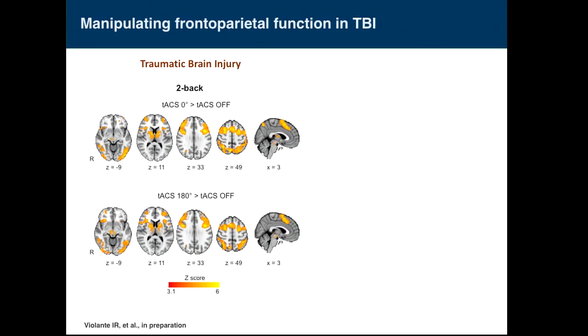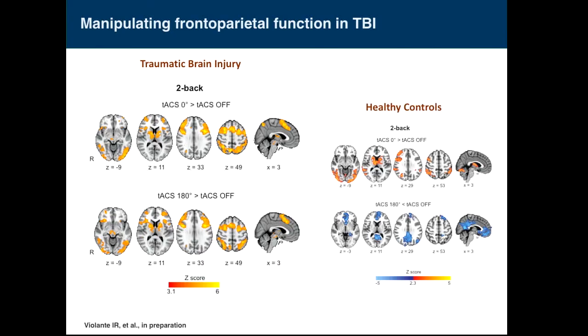So we applied the same protocol to patients with traumatic brain injury, and in this case both stimulation conditions led to an increase in the frontoparietal network for the 2 back task, which is a profile very different from what we've seen in healthy controls.